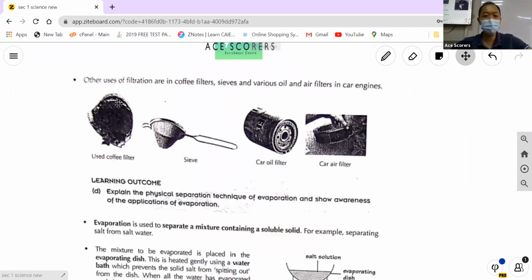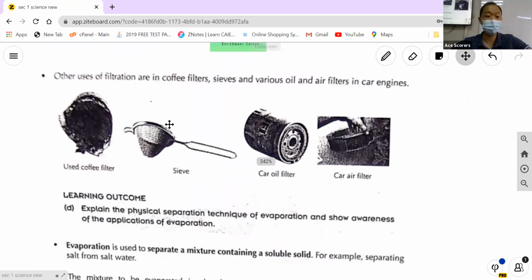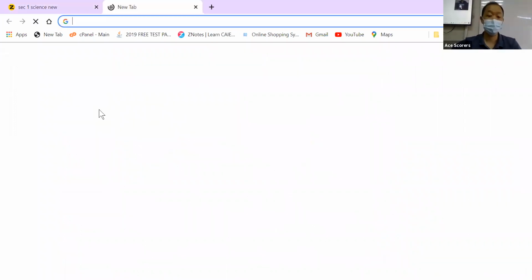Yeah. So several examples of filtration, right? You don't really need to know all this, okay? Like coffee, the uncle in the coffee shop, teh tarik and whatever. No, this is not teh tarik. This is the coffee filter.